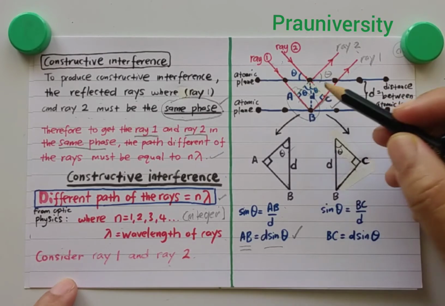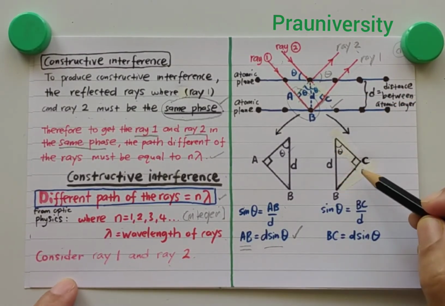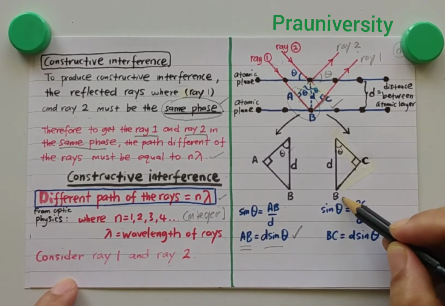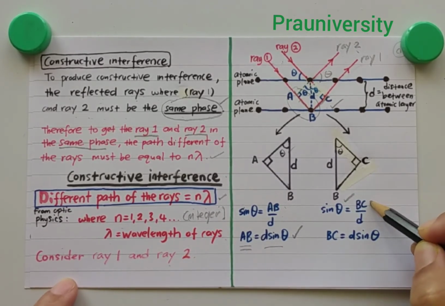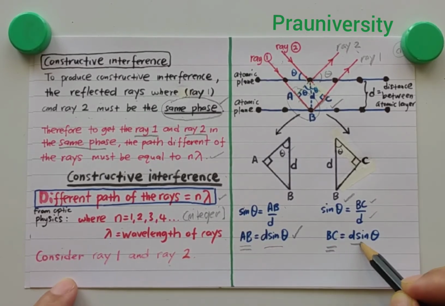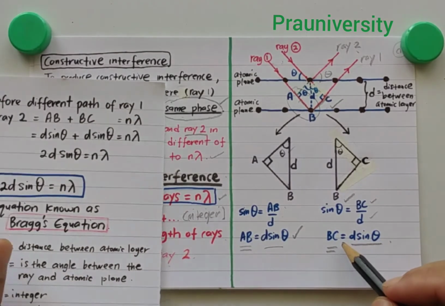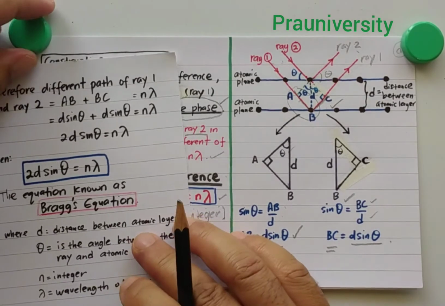Of course, here is theta. So from this diagram, we can find sine theta equals BC over d. Therefore we have BC equals d sine theta. Now we have AB and also BC. So we continue.